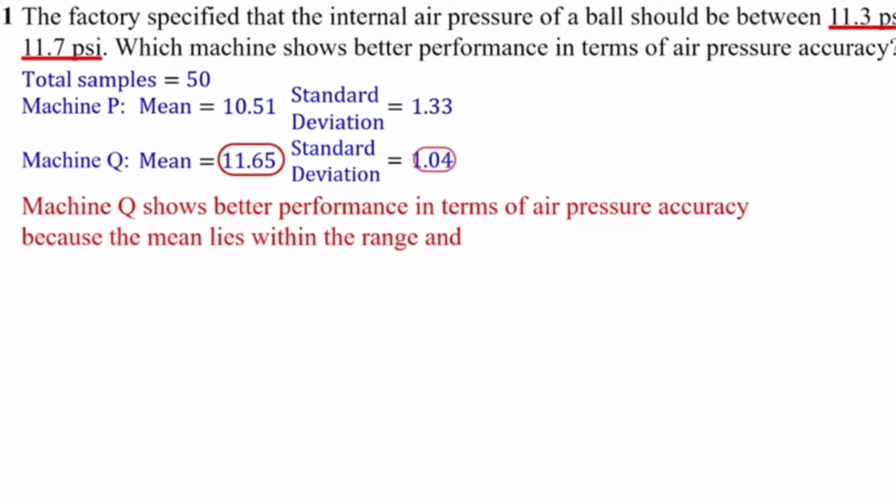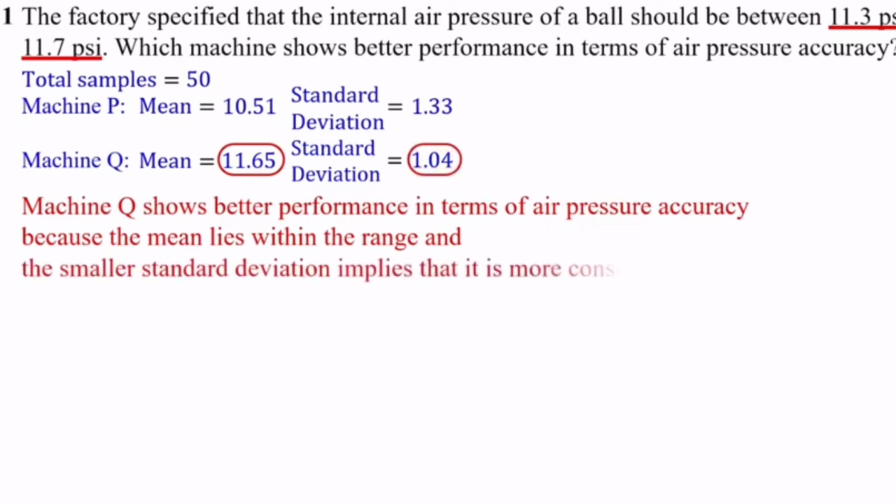And besides the mean lying within the range, we can also see that the standard deviation is just 1.04, the smaller standard deviation compared to 1.33, right? This implies that it is more consistent. So the smaller the standard deviation, the more consistent the data is.